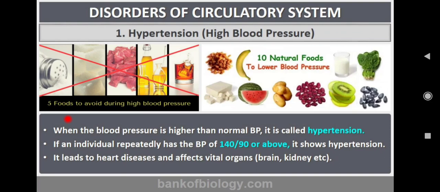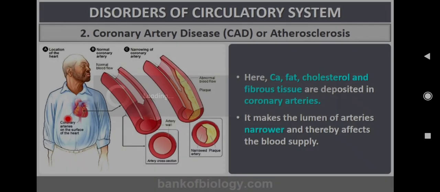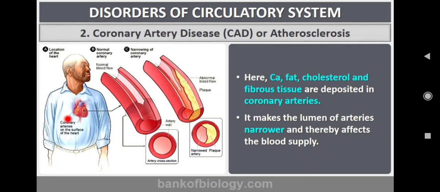These are life-oriented lessons, so you have to listen carefully. Clear? High blood pressure affects vital organs such as the brain, kidney, etc. The next one is coronary artery disease, CAD, also called atherosclerosis. What does it mean?